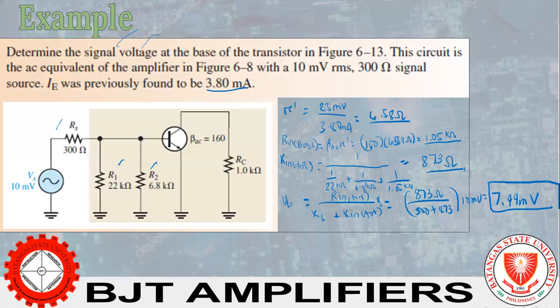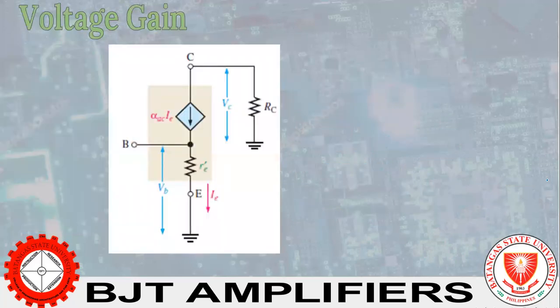Next is the voltage gain. If we had a voltage gain for DC, we have one here too. Of course, it's the same. So, AV is output voltage over input voltage, so VC over VB.